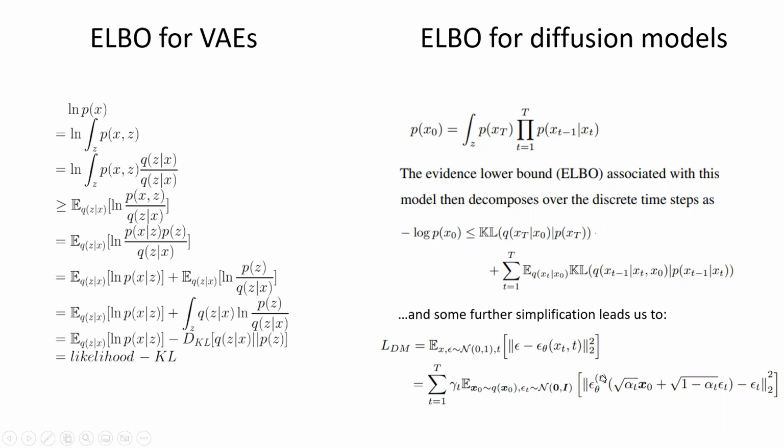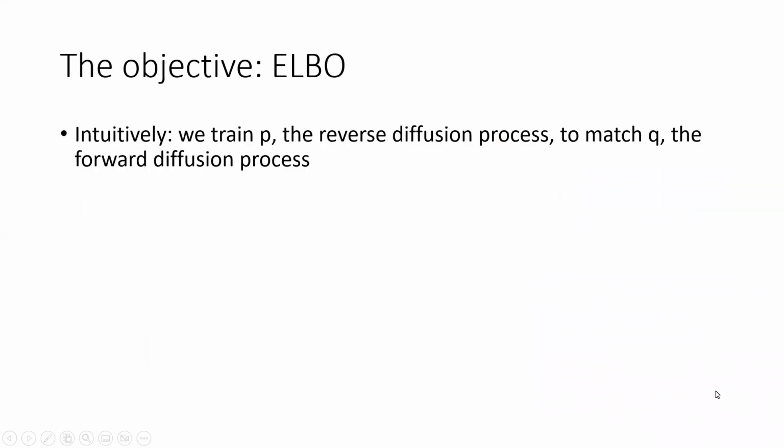And so that will be compared to epsilon sub t, which is the difference between q sub t and q sub t minus 1. So basically, we're trying to train p of x_{t-1} given x_t to match q of x_{t-1} given x_t. So intuitively though, you can know that we're trying to train p, the reverse diffusion process, to match q, the forward diffusion.